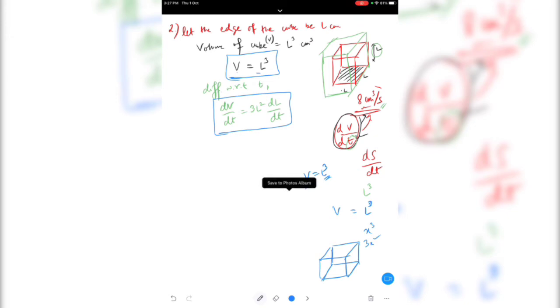Now we are differentiating with respect to time, so that will be dL/dt. If it would have been t cube, the answer would have been 3t square, and that's it. There will be no more. Since it's L cube, it will be 3L square dL/dt. Everyone clear?